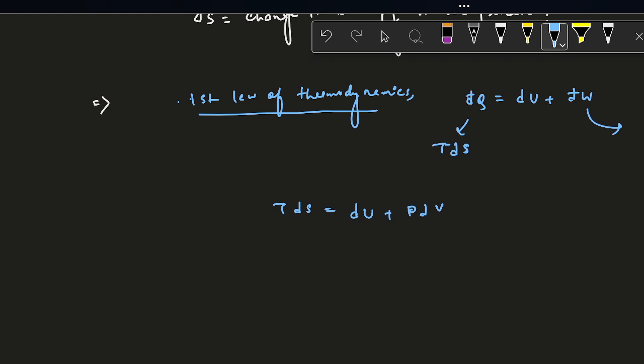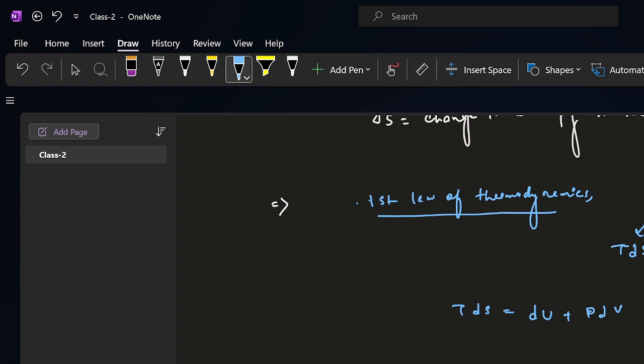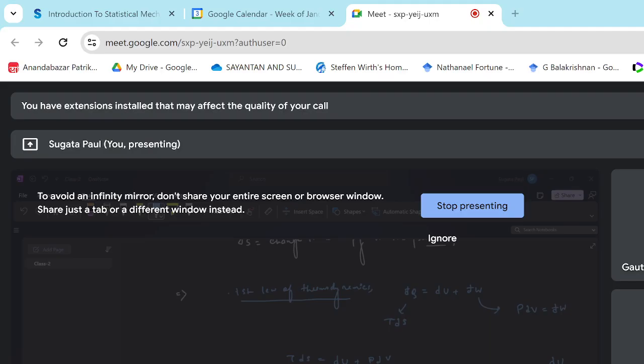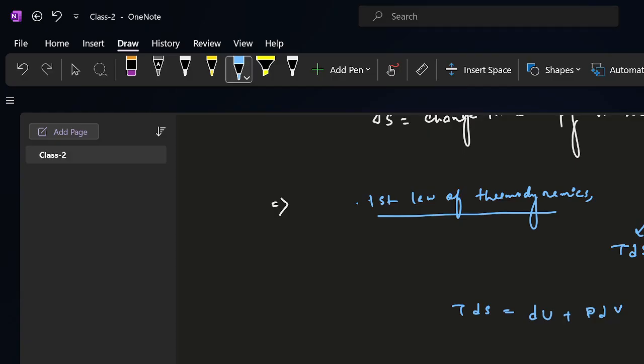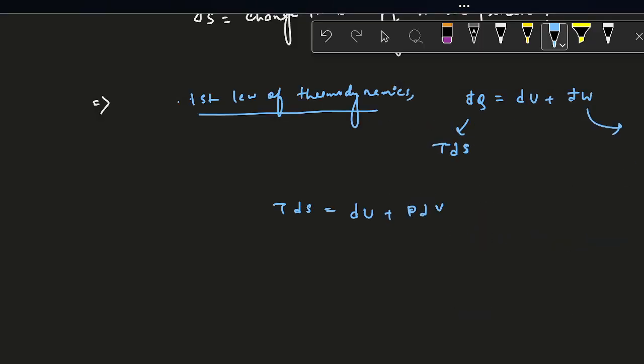We know that there are specific heats Cp and Cv, where Cv is the constant volume specific heat.